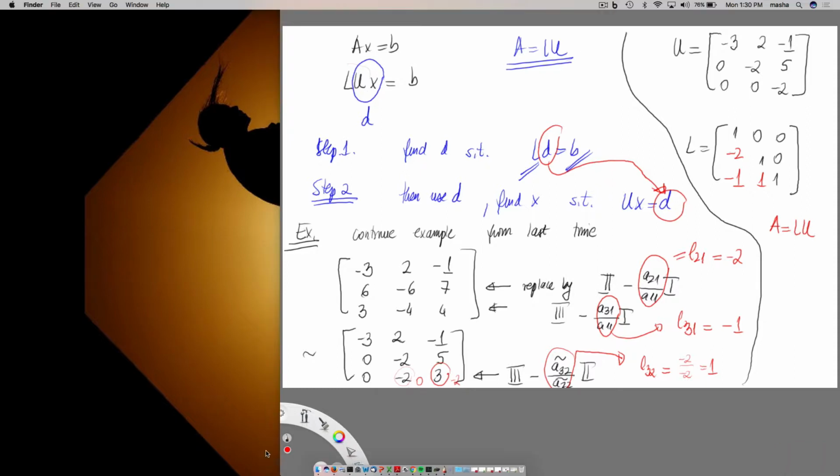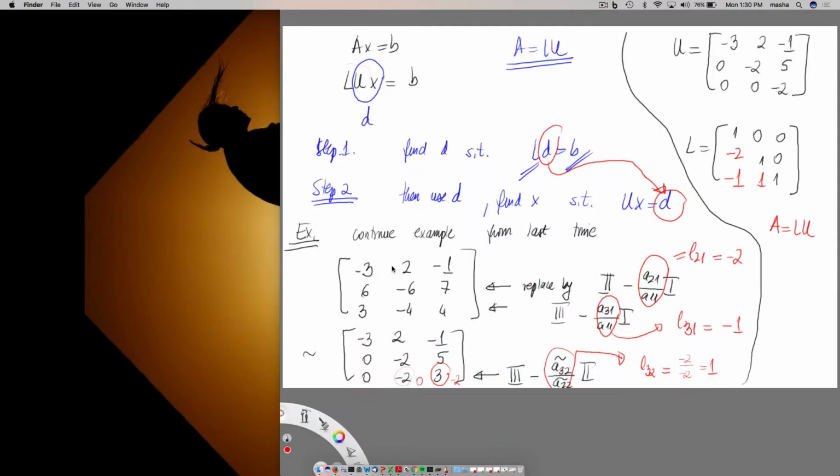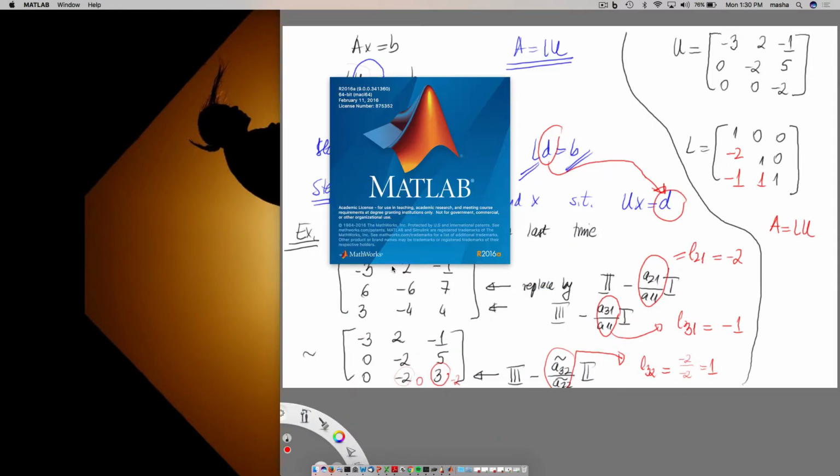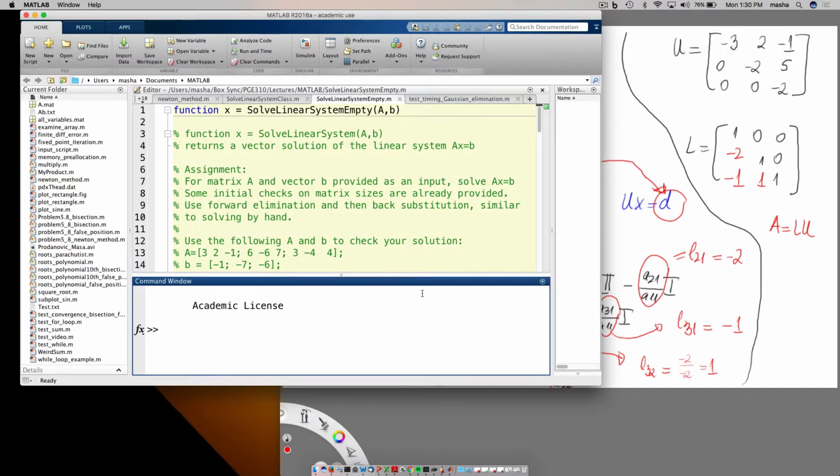Now let's see that that's really the case. I'm just going to quickly fire up MATLAB and do the matrix multiplication. I could do it by hand, but I'm going to trust my software on this. I'm just going to prove to you that A is indeed equal to LU. My L is 1, 0, 0, minus 2, 1, 0, and minus 1, 1, 1.